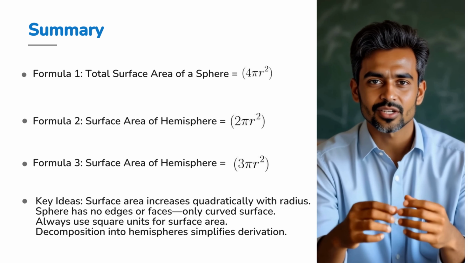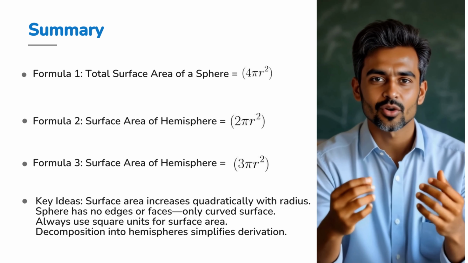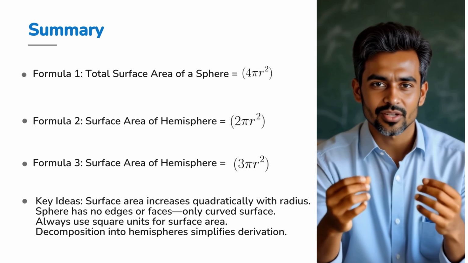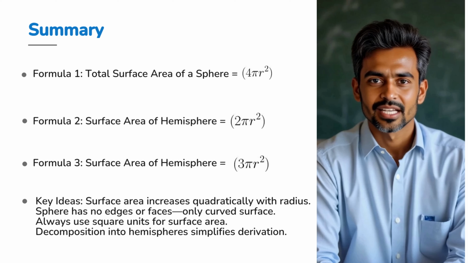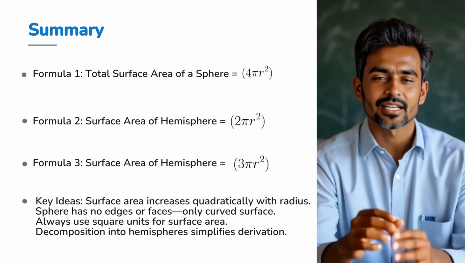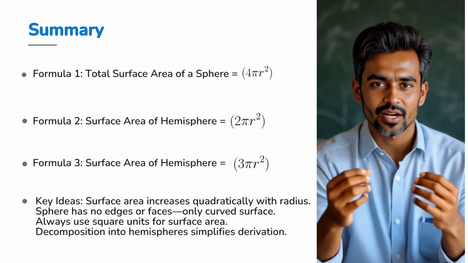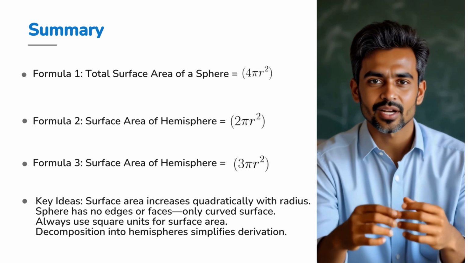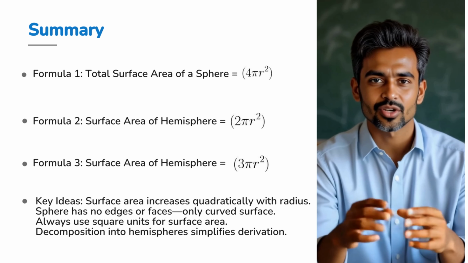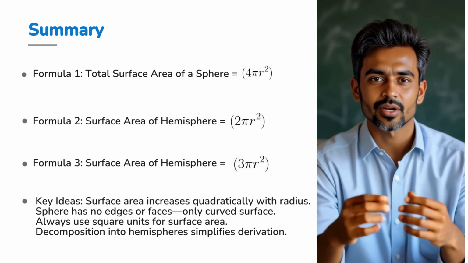Also, spheres are unique because they have no edges or flat faces, only one smooth curved surface. Always keep your units squared when dealing with surface area, like centimeters squared or meters squared. And finally, understanding spheres by dividing them into hemispheres makes it much easier to grasp and derive surface area formulas.